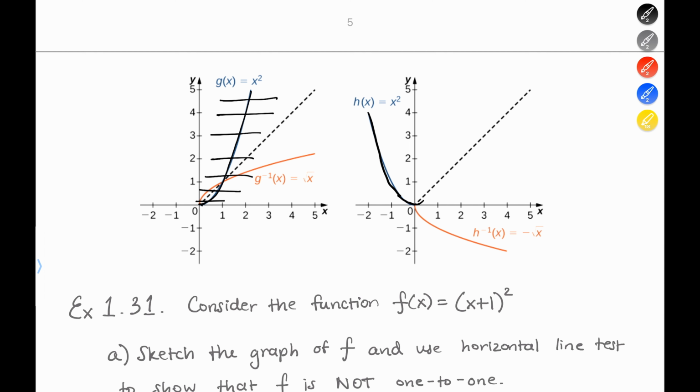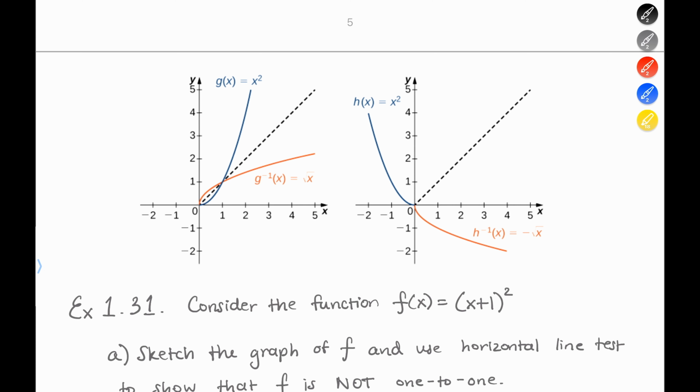So we drew this other half here, and we can see that if we were to draw horizontal lines, it only intersects one point, so that means it is 1-to-1 in that interval. So with this, we are able to create inverse functions of graphs that are not supposed to have inverse functions, basically.